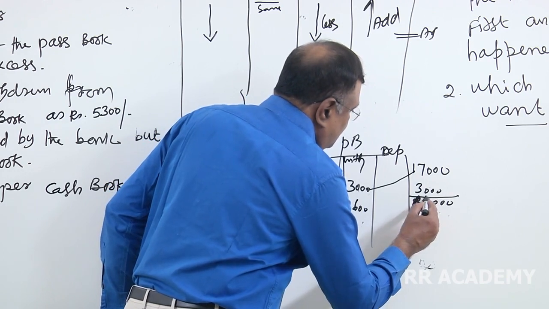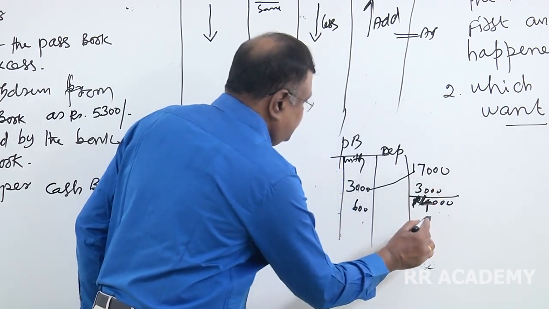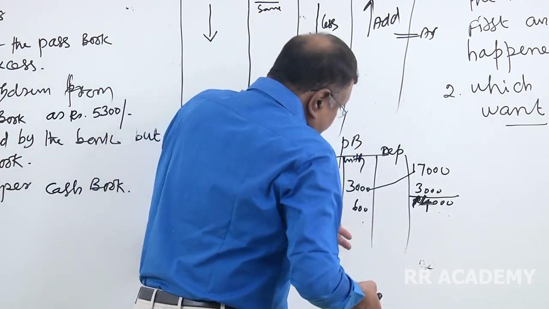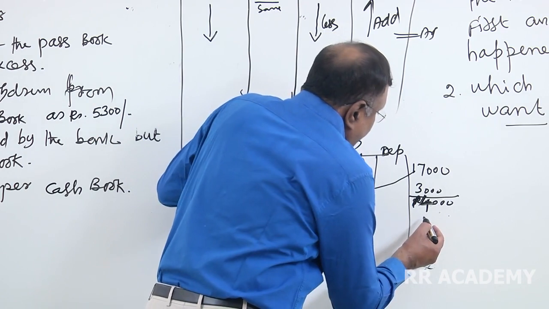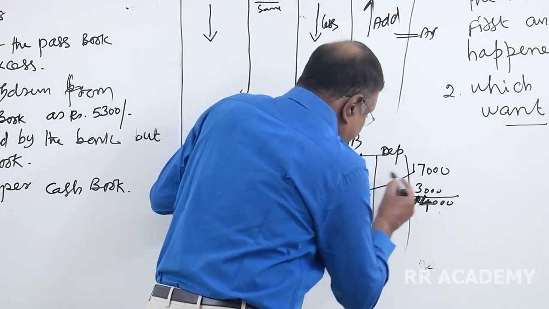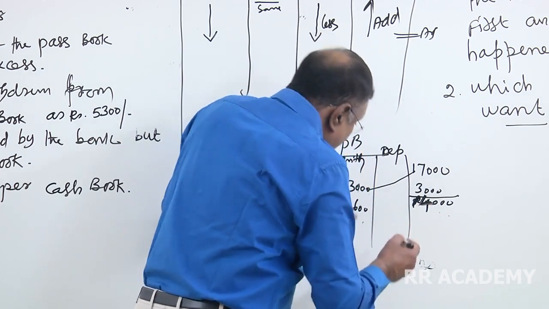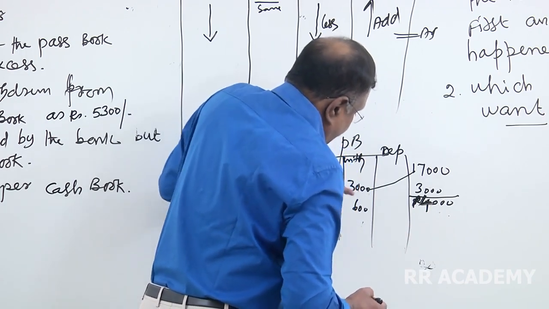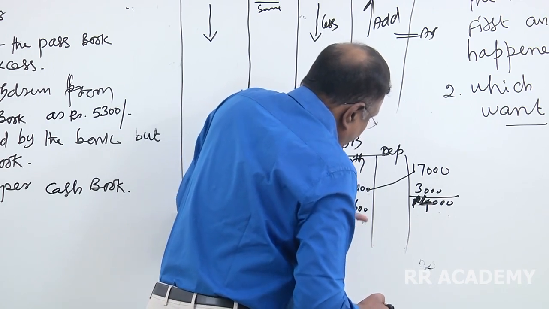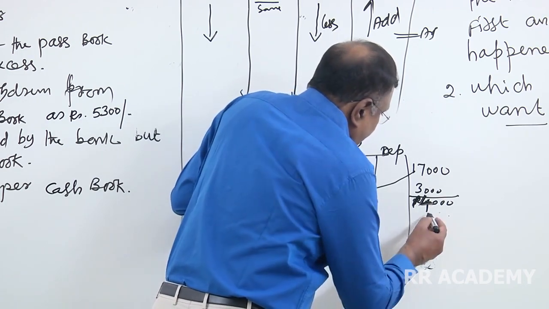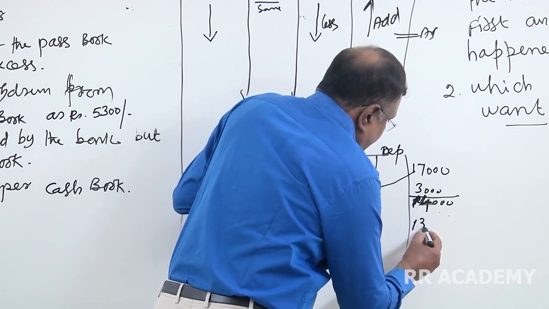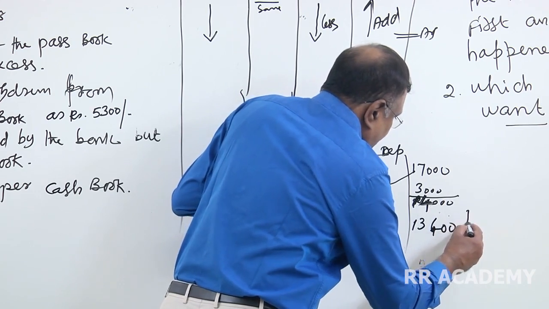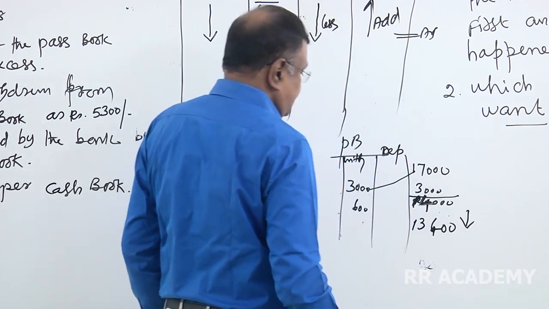Normally you should do 17 minus 3,000, withdrawal column, that is 14,000. 600 was added more, written more. Then what will happen to the balance? 17 minus 3 is 14,000. Again you are writing 600 excess. If you write 600 here, 14,000 will become 13,400. So therefore, balance less.